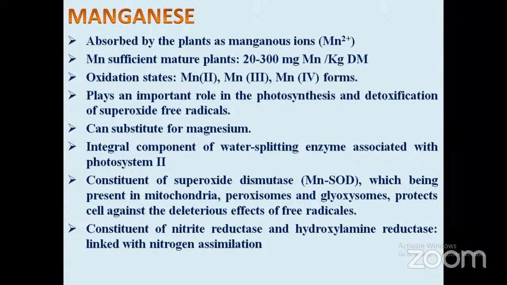So this is a free radical. It is unstable and highly reactive. So what does it do? It reacts with the cell wall and degrades the cell. So it is very important to capture this free radical, and this work is done by manganese.